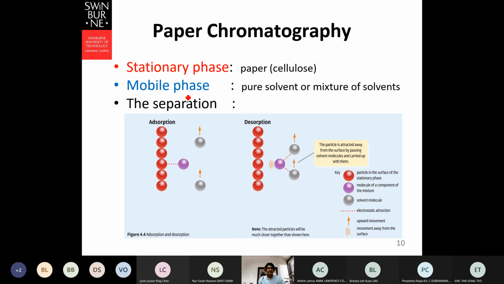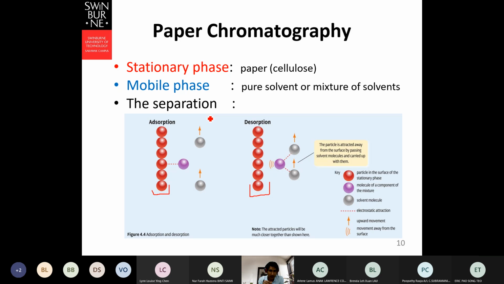So the stationary phase for the adsorption and desorption process is shown here. The red color here is not chalk, but cellulose or paper, just a paper like this paper.